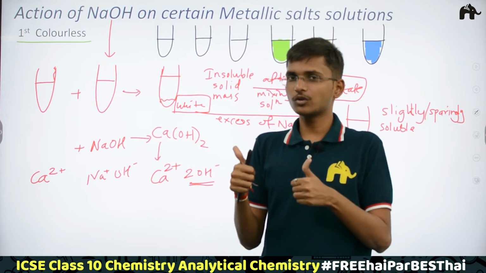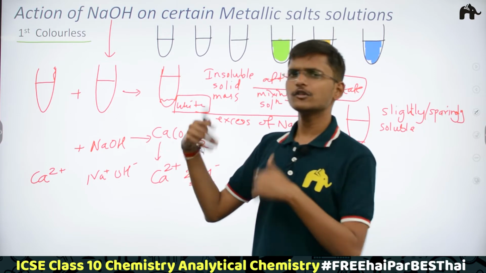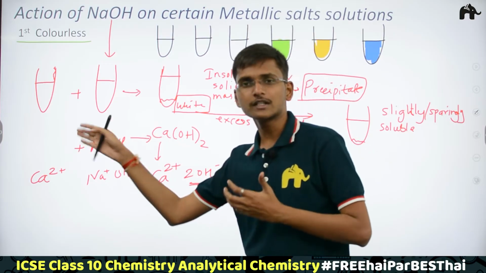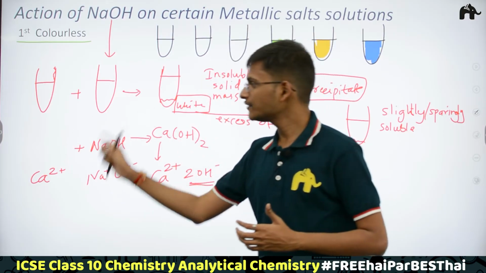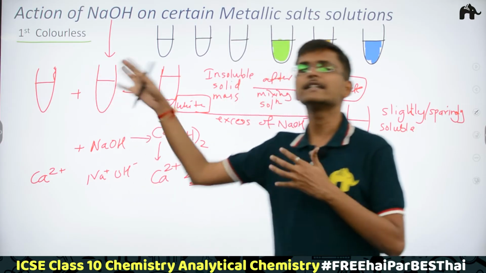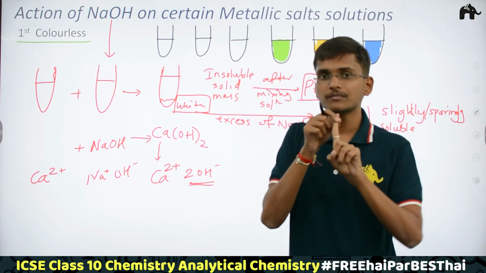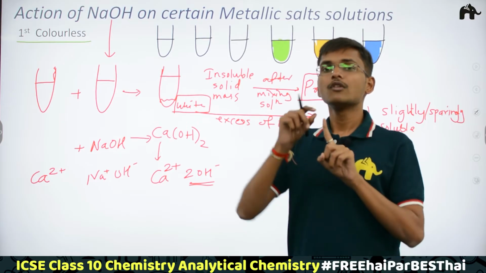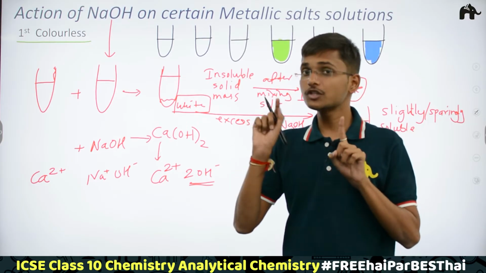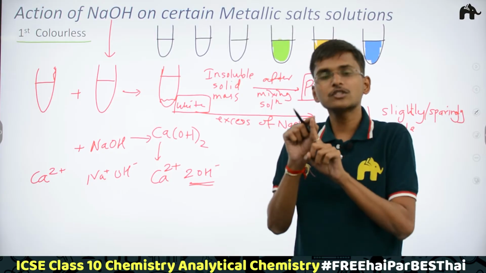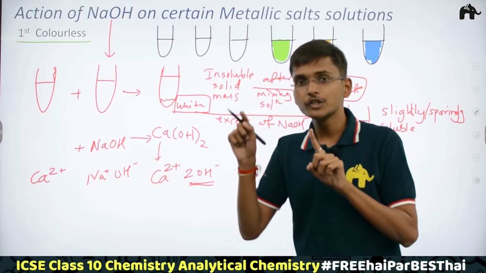We reached our goal. Very happy. Now let's try to figure out which metallic salt is actually there, and which metallic salt's solution it is. We have studied that we were talking about metallic salts which should be soluble, because only those metallic salts would form a solution, right?